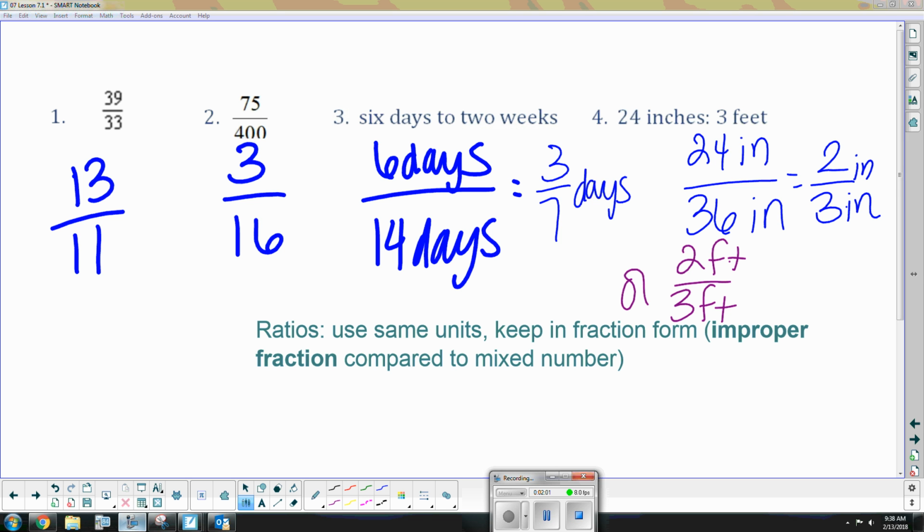And in the last one, you can either convert both to feet or both to inches. If you do inches, you get 24 inches to 36 inches, or 2 to 3. Or if you convert to feet right away, you get 2 to 3 feet. So keep the improper fraction, use the same unit.